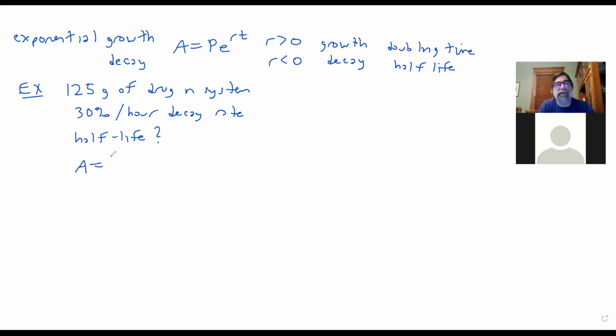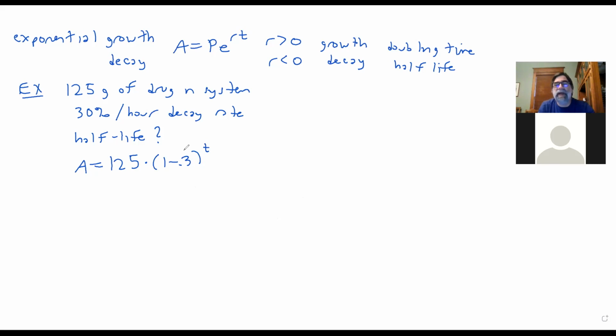So we'll start with our 125. This equation uses e to the rt. With a 30% per hour decay rate, we might want to start with the other representation, a times b to the power of x, or the power of t in this case.